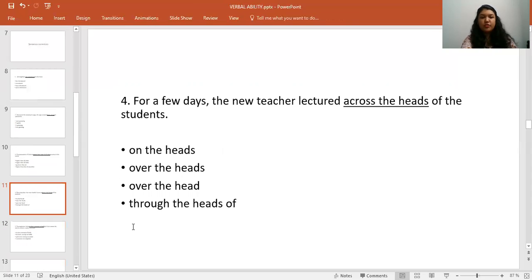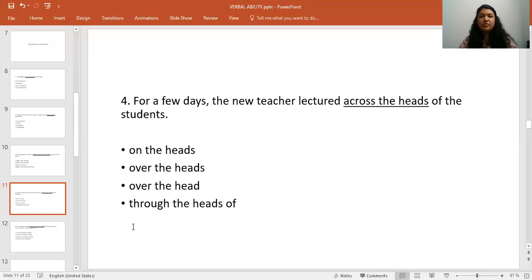Moving to the fourth sentence: for a few days, the new teacher lectured across the heads of the students. So across the heads is an idiomatic expression. As I have mentioned, we have idiomatic expressions, and I have also given an example in the topic spotting errors.